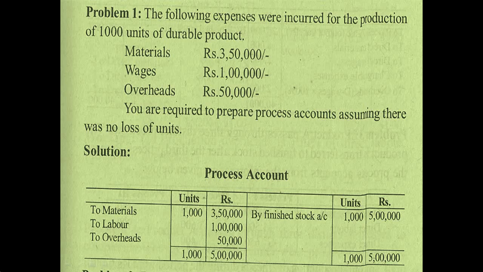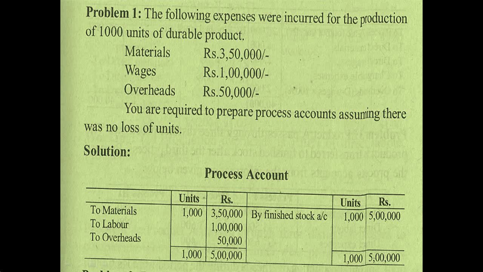Problem 1. The following expenses were incurred for the production of 1000 units of a durable product. Material, rupees 3,50,000. Wages, rupees 1 lakh. Overheads, rupees 50,000. You are required to prepare process accounts assuming there was no loss of units. So we'll prepare the process account.